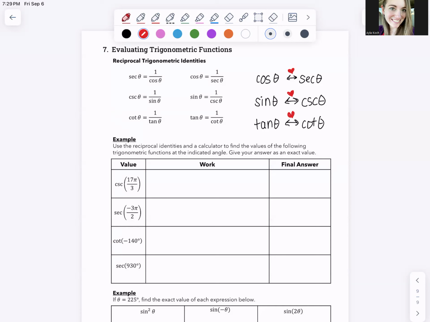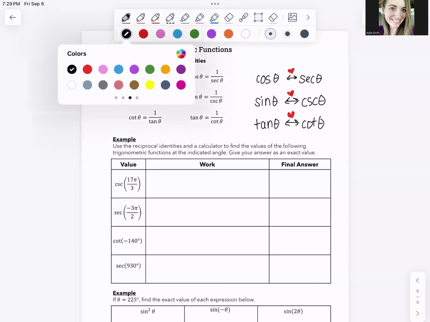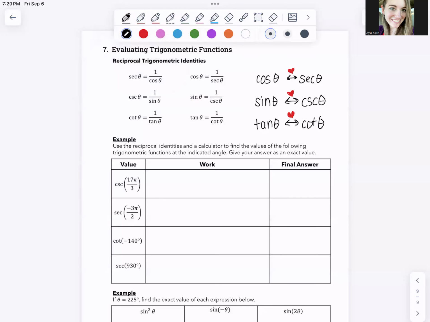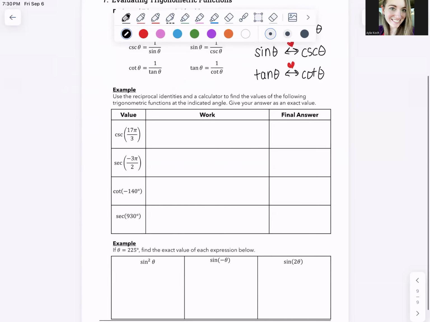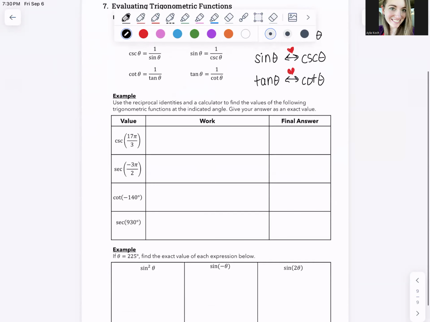All right. What that means is that whatever a function spits out, its soulmate is the reciprocal of that. And reciprocal, by the way, is the same thing as just flipping the fraction.